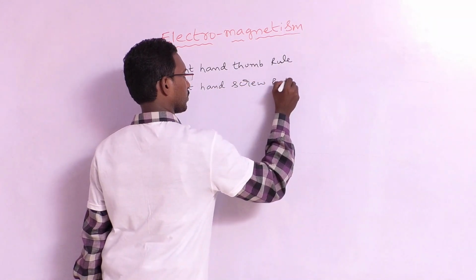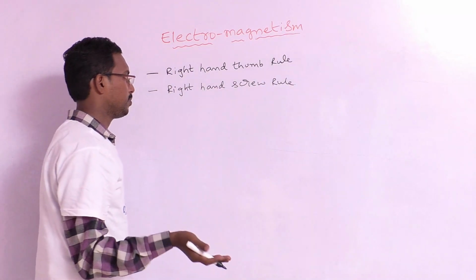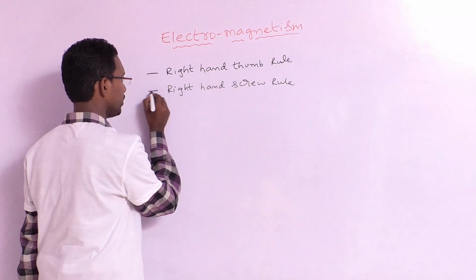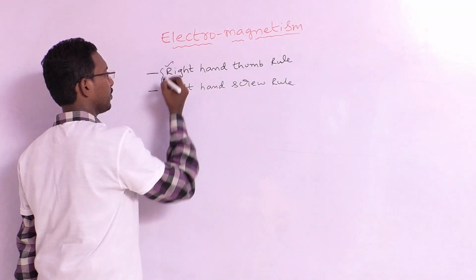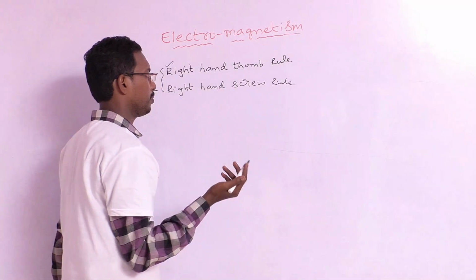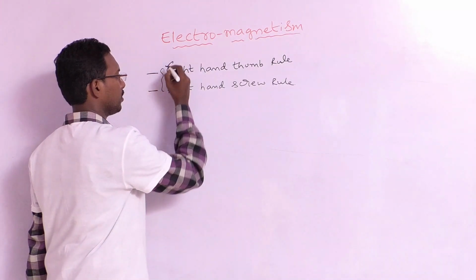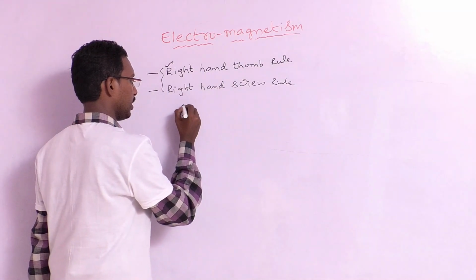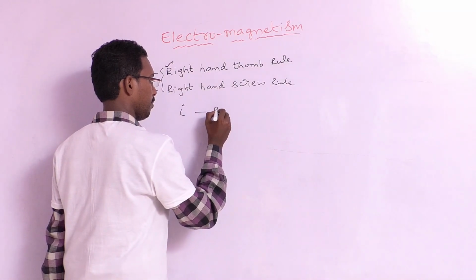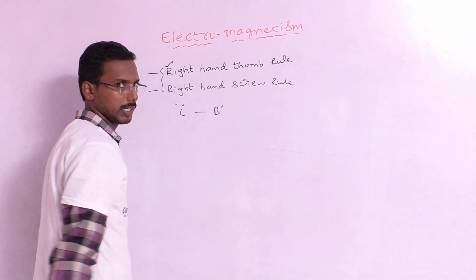These rules give the relation between the directions of current and magnetic field.